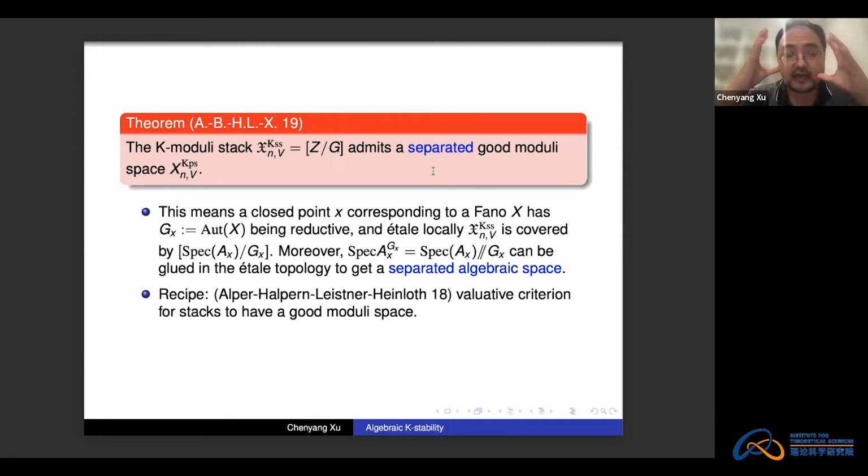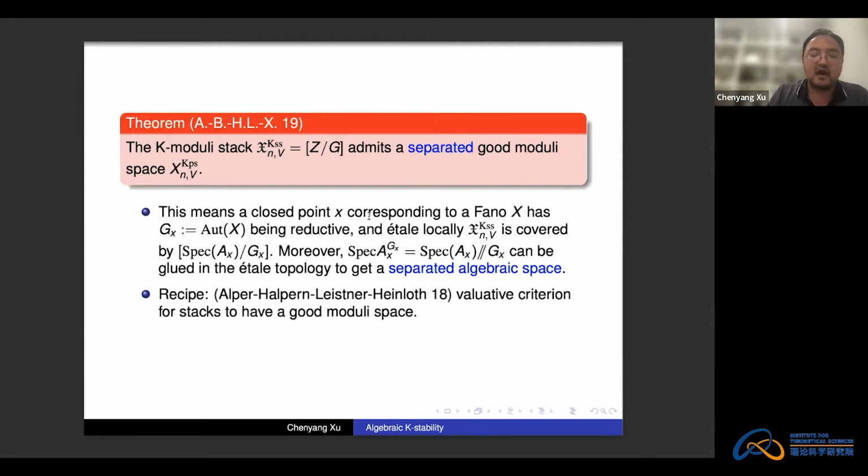It's an Artin stack. And then people still want to say whether this Artin stack has something which behaves like a coarse moduli space for the Deligne-Mumford stack. And this theory, there was one person who spent essentially a whole career to develop this theory. That was Jarod Alper. So he developed something called good moduli space.